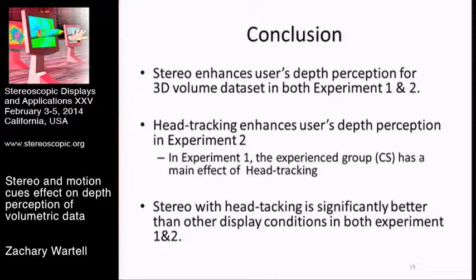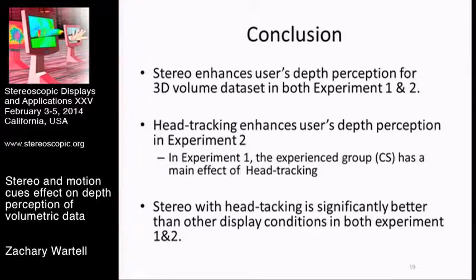They did seem to get some differential effect of head tracking, whereas the other group that had less gaming experience did not. And finally, as you might expect, the combination of stereo plus head tracking proved to be the best condition for both experiments across all participants.